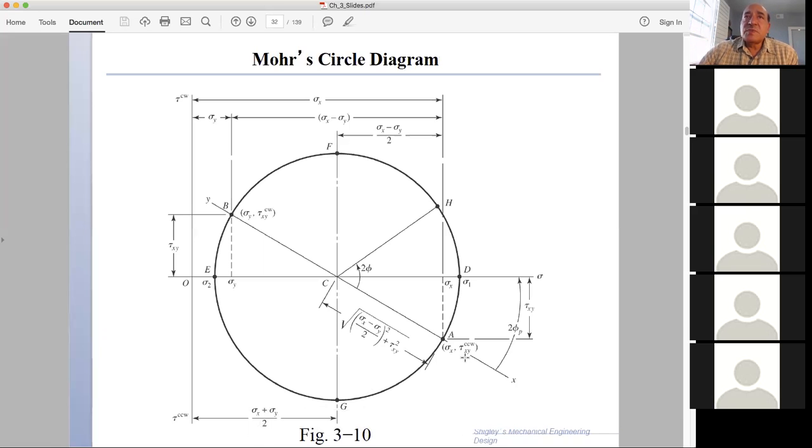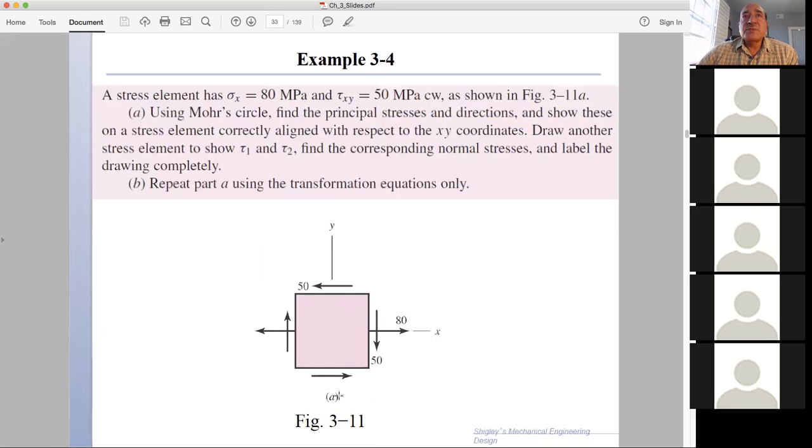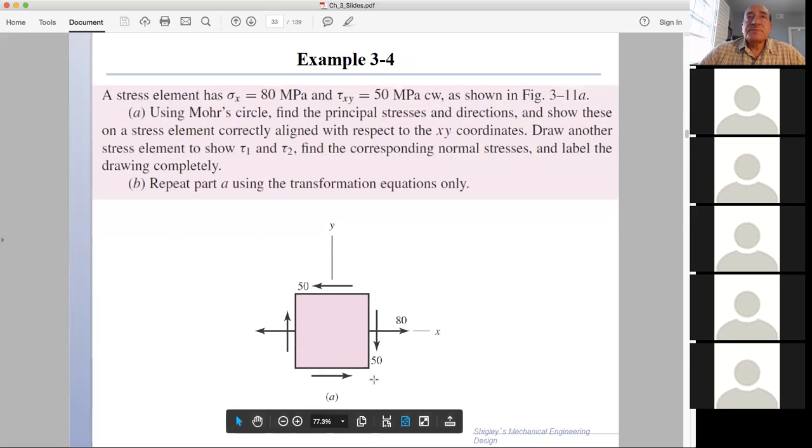If it happens to be counterclockwise, then it has to be down. If it happens to be clockwise, then it will have to be up, because the positive is assumed to be clockwise and the negative is assumed to be counterclockwise. So these are the principles that we use, and here's an example.